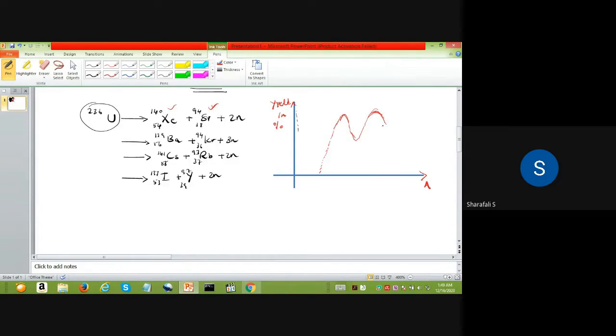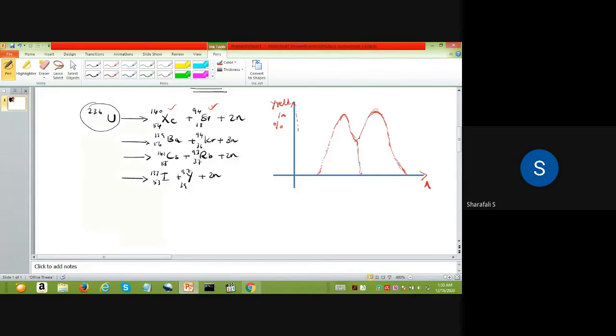From this curve we can see here we have the A by 2 value.